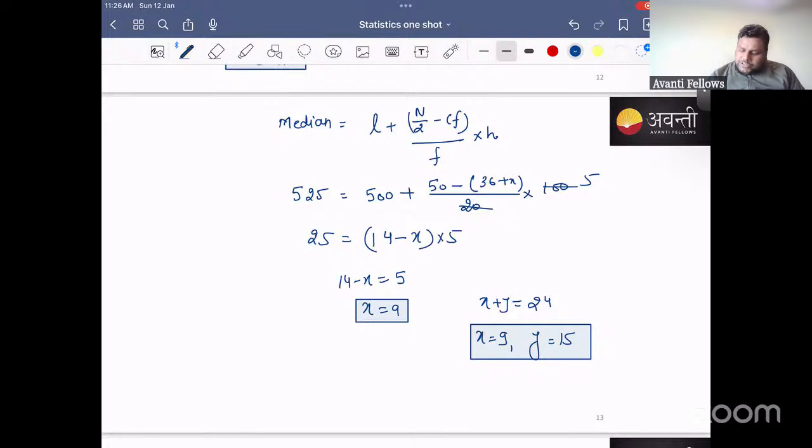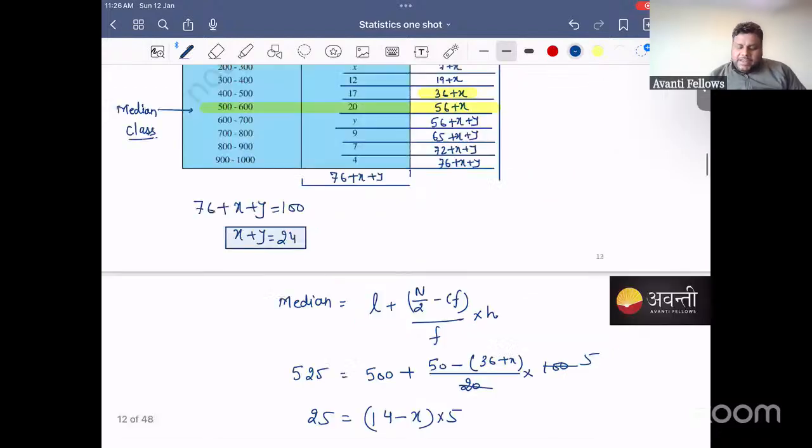Understood? So these are simply the values of x and y.